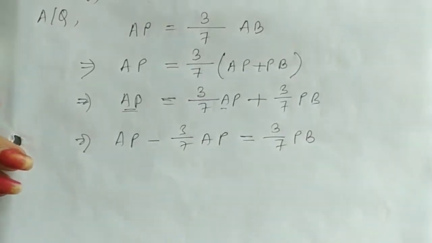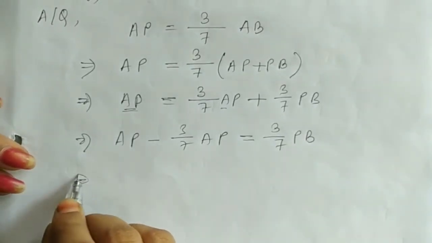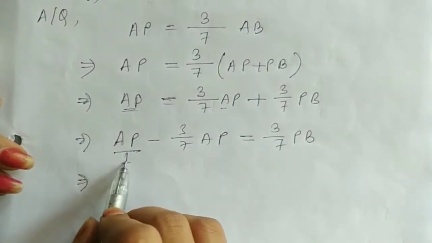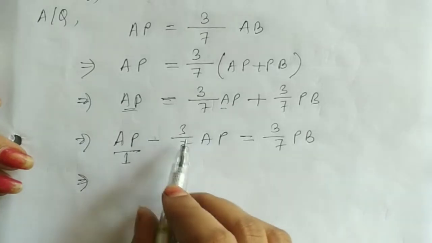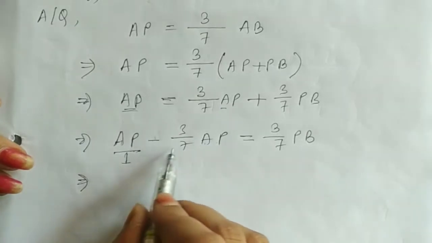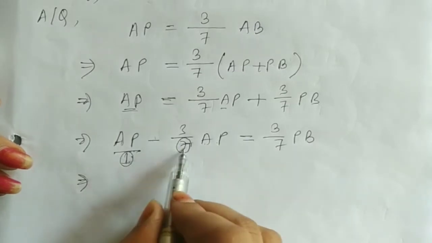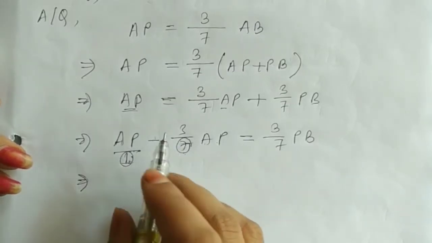Then after this, AP by 1 and 3/7 of AP. What is the LCM of these two terms? Obviously 7.